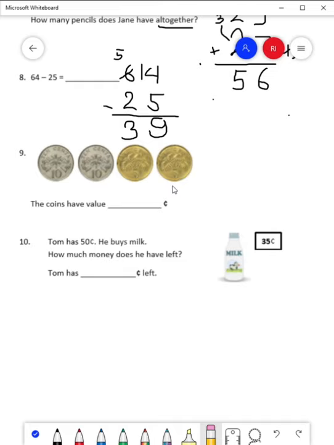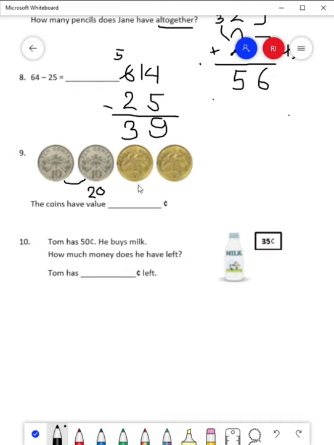So let's just count it one by one. Okay, start from here. 10 cent. So this is all about cents. 10 plus 10 equals 20. So 2 10-cent coins is actually 20 cents.